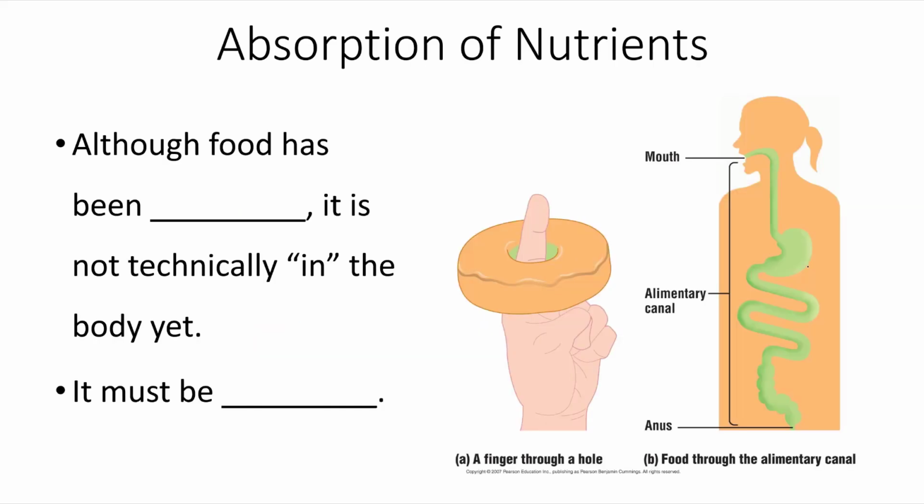Now, although the food has been ingested, it is not technically in the body yet until those nutrients have been absorbed. Much like a finger can pass through a donut and not be in the donut, the nutrients must be absorbed.